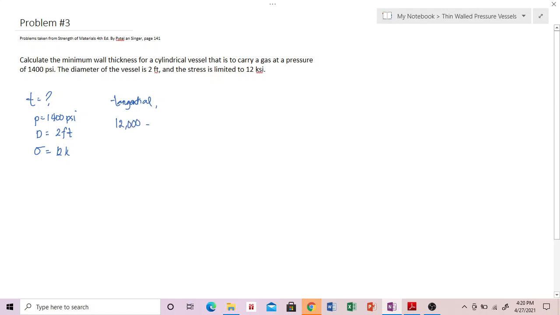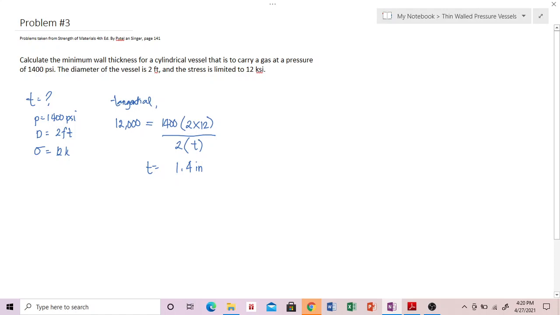So, this is 12,000 psi equivalent to internal pressure 1,400 multiplied by 2 times 12, the diameter, divided by twice of its thickness. The thickness is unknown. So, ito yung hinihingi ng problem. So, from here, makikita natin that the thickness is 1.4 inch.